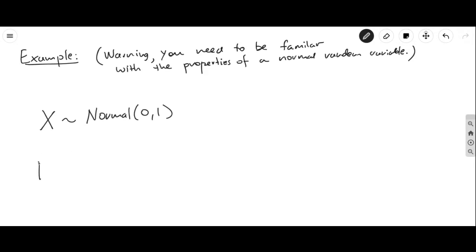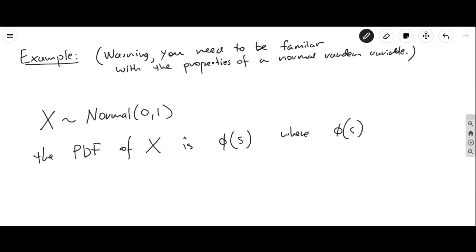This means that the probability distribution, so this is a probability measure on the real line, has a PDF, the probability density function of x, which is the function that we call phi of s. This is what we refer to as the standard normal density. It's given by this.